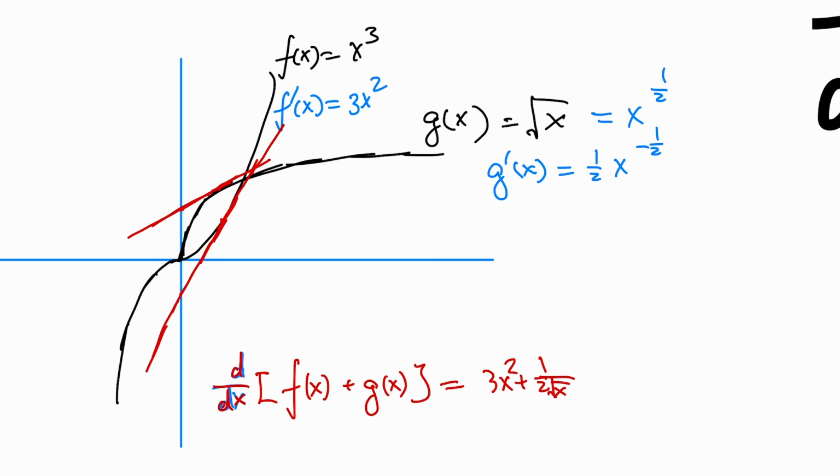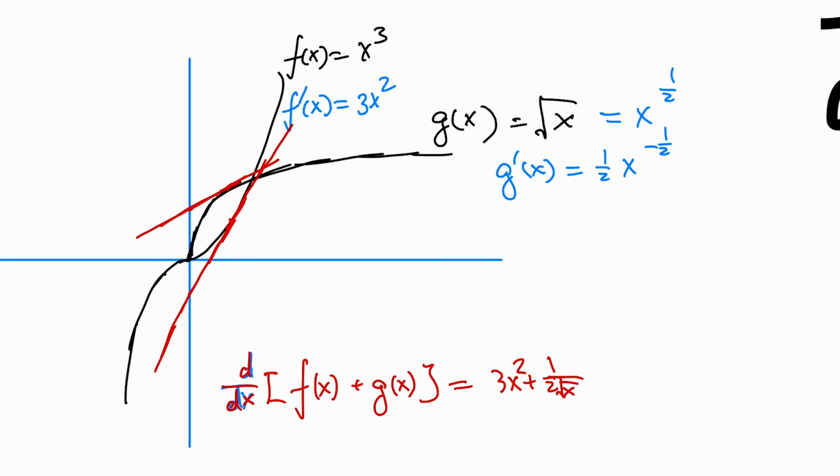The sum of the functions is kind of hard to draw, so I will draw it out. You can use a graphing calculator or anything like that, because we're not actually proving it, we're just getting an intuitive sense.